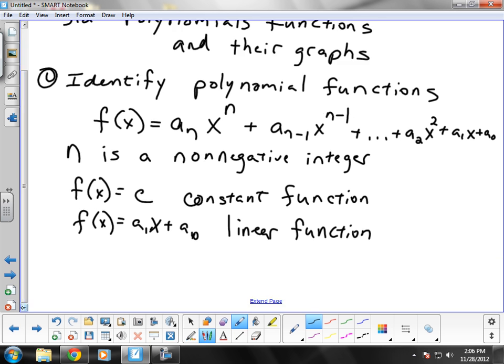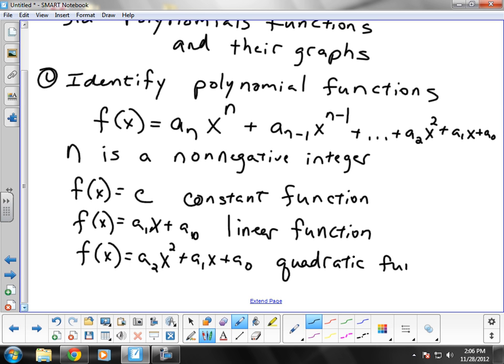Linear. And what's an equation that's in this form called? Quadratic. Okay, those are the ones we've worked with. In this section, we're going to be talking about polynomial functions that have a power of 3 or higher.